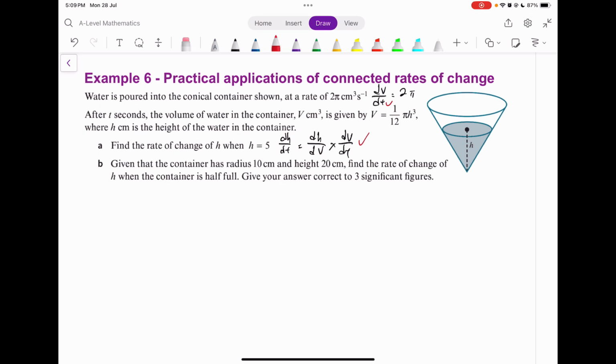You might think, I need dh over dV, so let me rearrange for h first. Can do. Let's try it out. So we've got h equals the cube root of 12 V over pi. And you have to use the chain rule to solve this question.